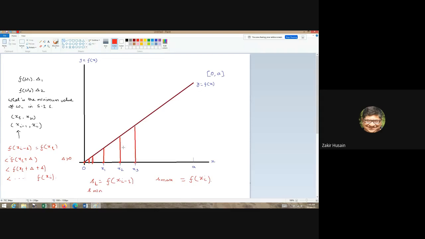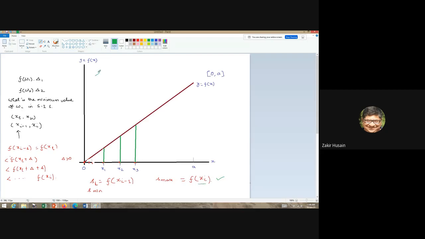But if you want to take the maximum values, then we should take it starting from x1 like this. So if you want to take the maximum ones, we should take the upper point of the boundary.